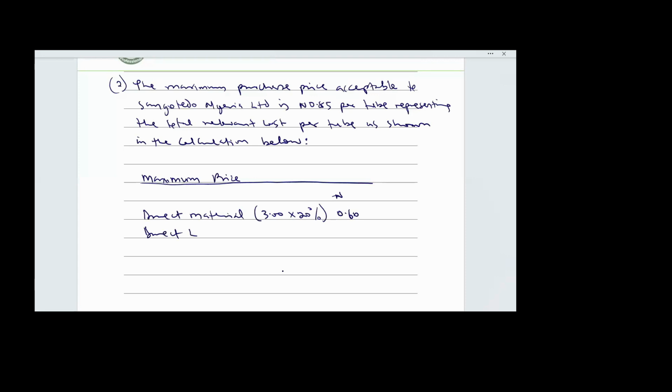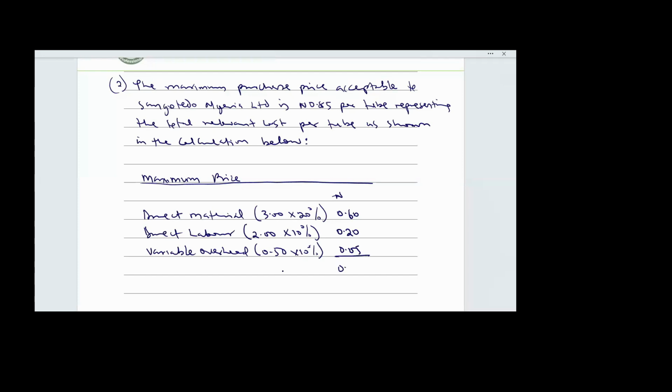Direct labor of 2 naira, we reduce to 10%, 20 kobo. Then variable overhead of 50 kobo reduced to 10%, which is 5 kobo.